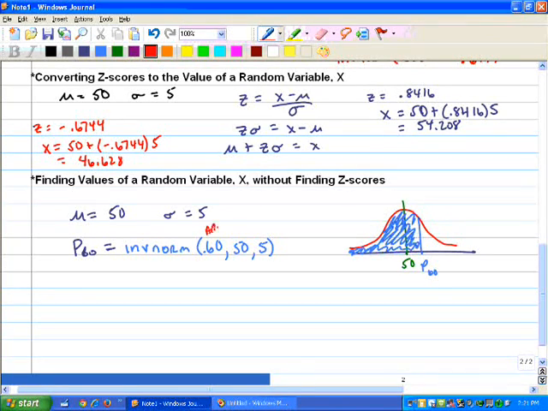This is your area, your mean, and your standard deviation. We type that in the calculator, and we say the 60th percentile is 51.2667.